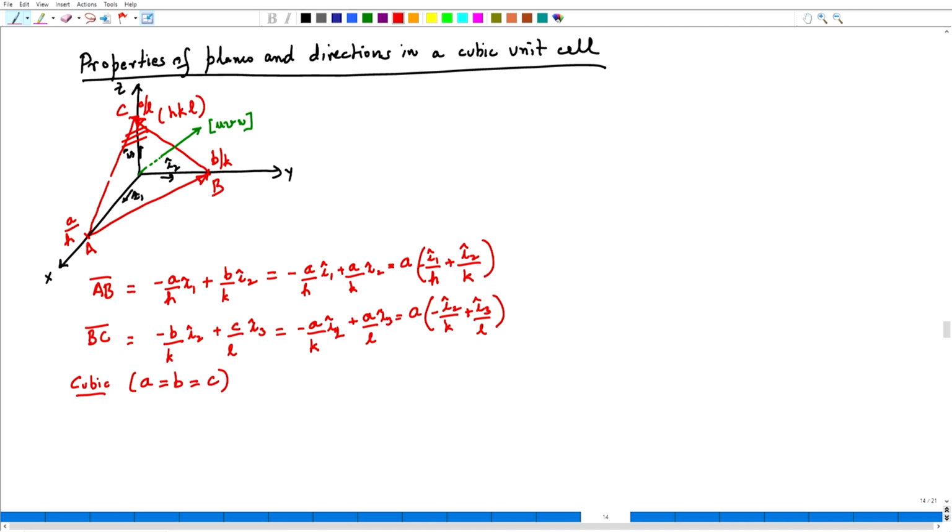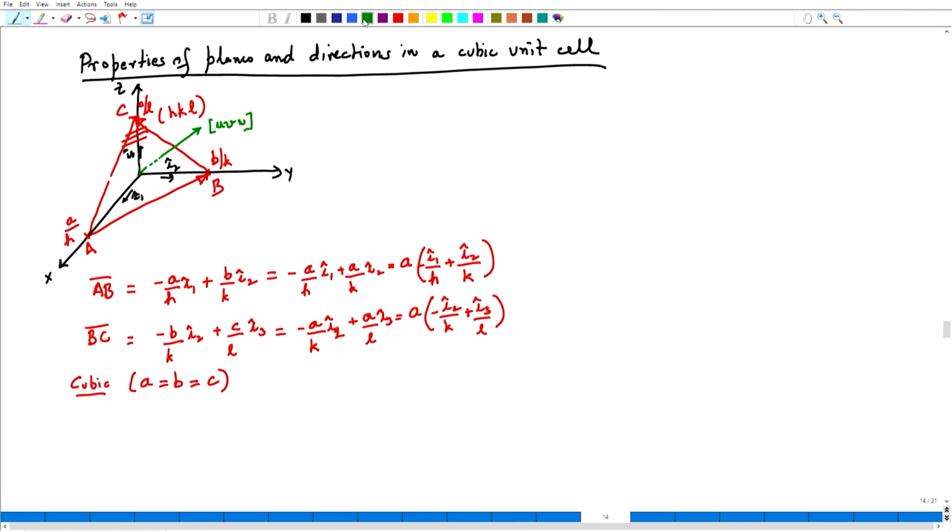Now, as I had said, if the vector uvw has to be perpendicular to the plane ABC, then this vector n, or vector uvw, should be perpendicular to the direction vectors AB as well as vector BC.